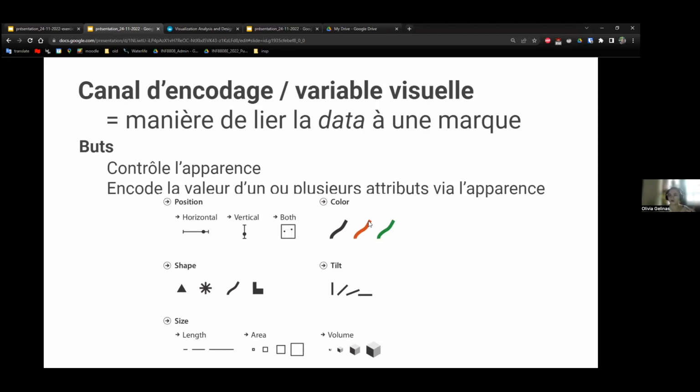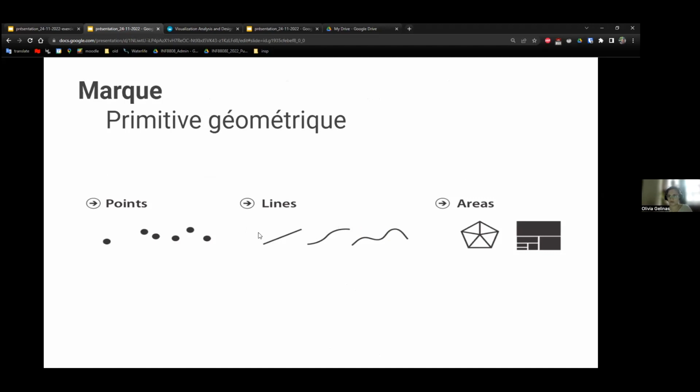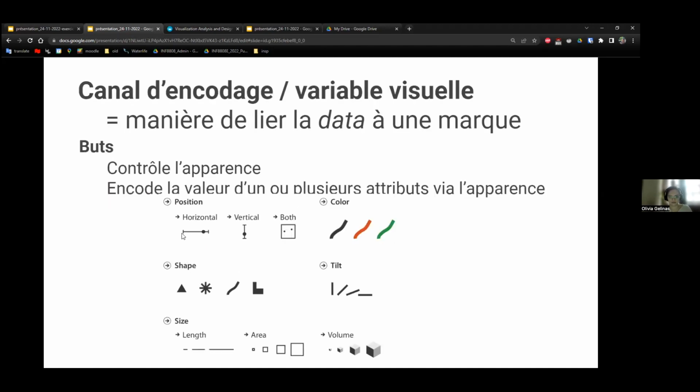So if we have 3 points and we give them 3 different colors, it does visually imply that we have 3 different categories to be presented in the data. So these are all tools that we can use to be able to enrich or characterize the different marks in order to encode the information. And there are several ones that you can see here.